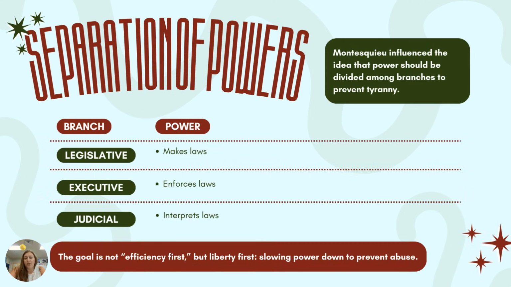One of our other Enlightenment thinkers that has a major influence on the founders is going to be Baron von Montesquieu. Montesquieu pitched this idea of separation of powers, that power should be divided amongst branches to prevent tyranny. And we designed the new US Constitution in 1787 in that way, right?